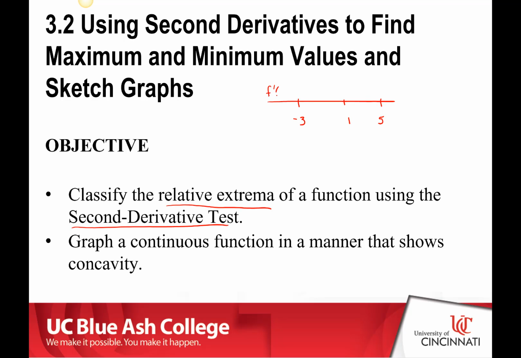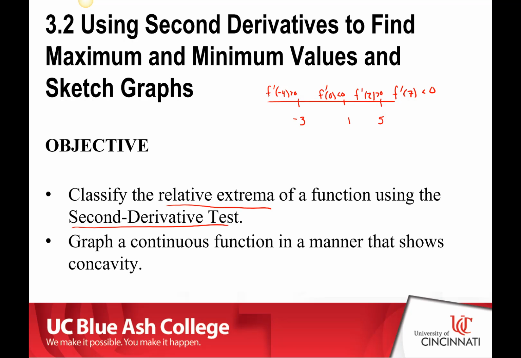If f prime of -4 is greater than 0 and f prime of 0 is less than 0, and f prime of 2 is greater than 0, and then f prime of 7 is less than 0. The other day we discussed this information can help us to identify what x equals -3, 1, and 5 are.